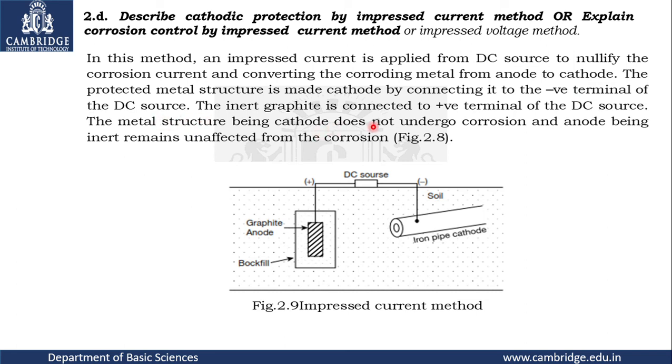The inert graphite is connected to the positive terminal of the DC source. The metal structure being cathode does not undergo corrosion and the anode being inert remains unaffected by corrosion. So if you write this much, you will get 2.5 plus 2.5, that is 5 marks.